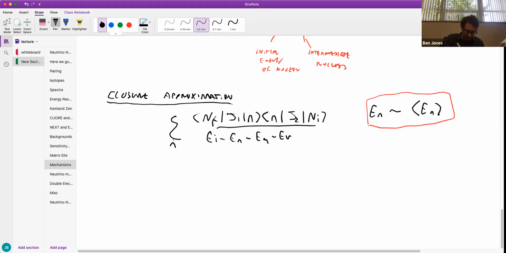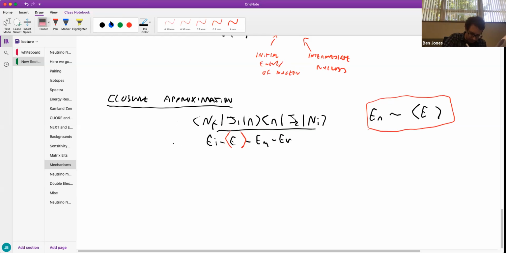Now, if that's the case, then this n in the denominator becomes just the mean n, and so no longer something we have to sum over. I can get rid of the n on it to show it's not something we're summing over anymore. What that means is that we can bring this sum up here, and we recognize that this is a complete set of states now, and so that sums to 1.